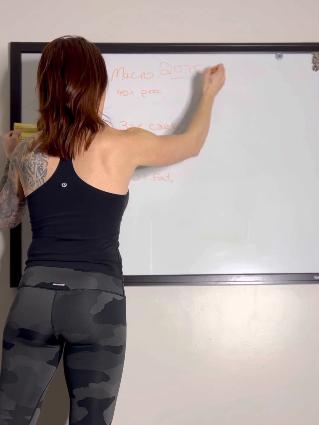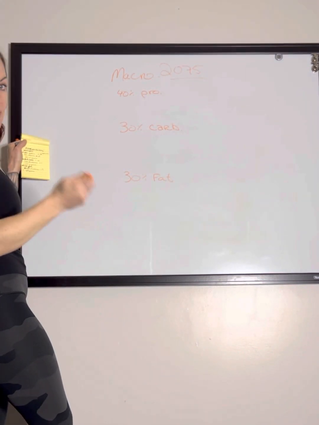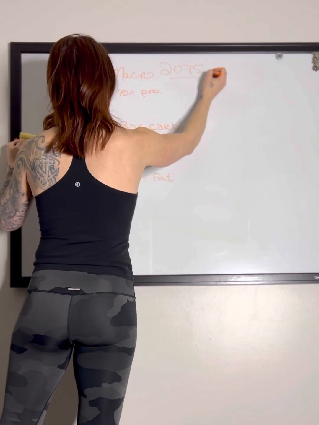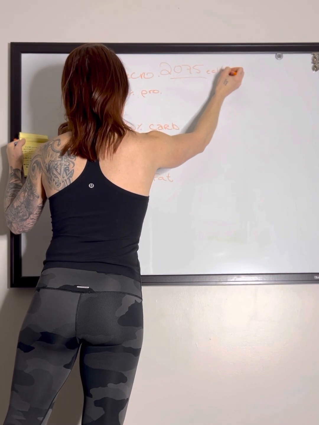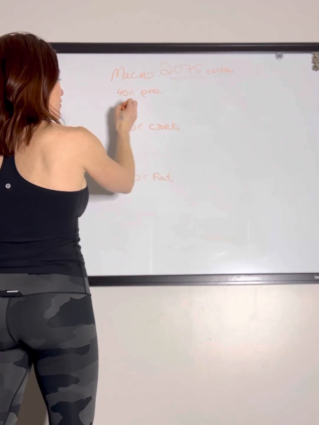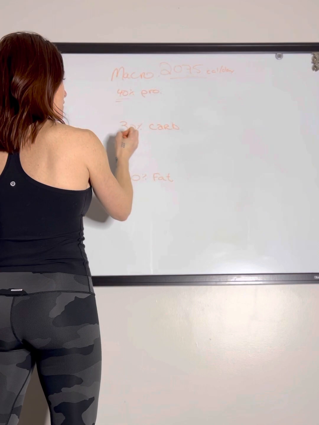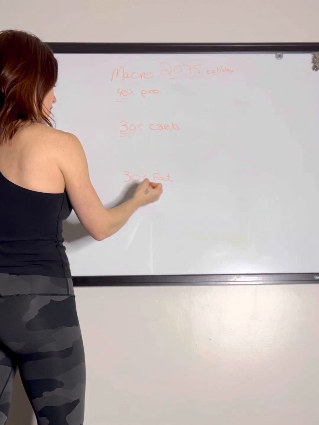Using this 2,075 calories based on basal metabolic rate and activity level, that's calories per day, we're going to figure out exactly how many calories from protein, how many calories from carbs, and how many calories from fat.